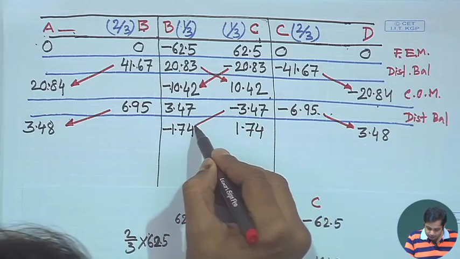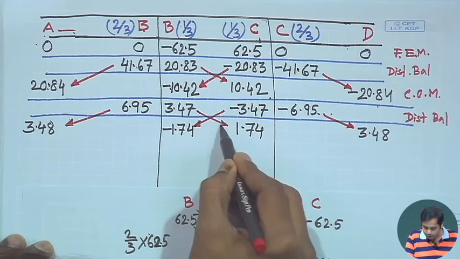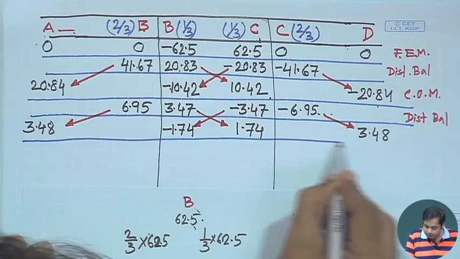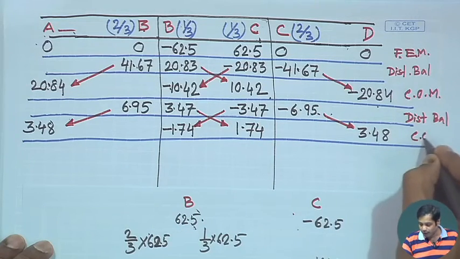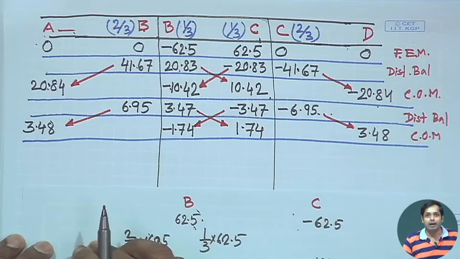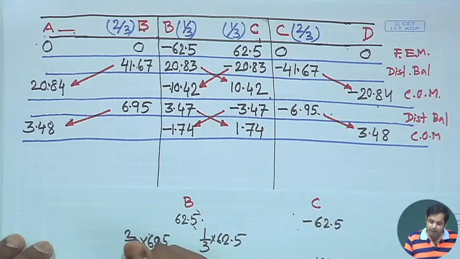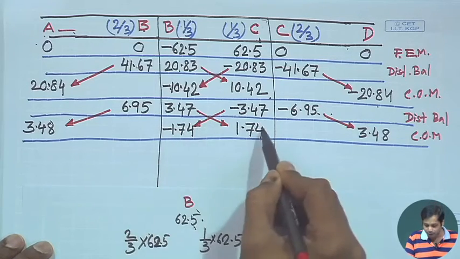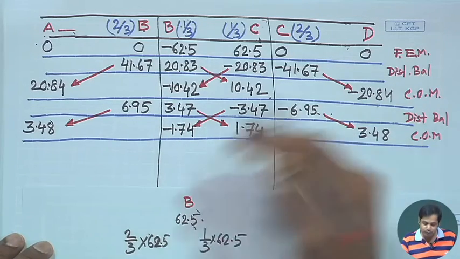These are again carried over moments. Now again we need to check the equilibrium. Now the unbalanced moment at joint B is minus 1.74, and here it is 1.74. We need to repeat the process.